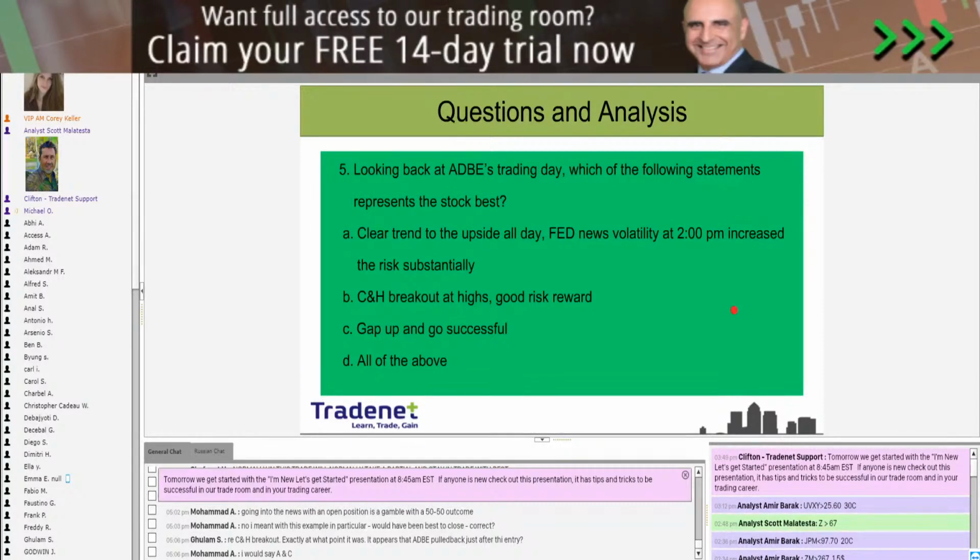If the risk on the trade is to the VWAP, meaning $1, and a 1% move in Adobe is $3, that makes it already a 3-to-1. What is a 1% move in a stock like Adobe? It's not a big deal. So I think B also qualifies. I would agree that A and C are perfect in this case.